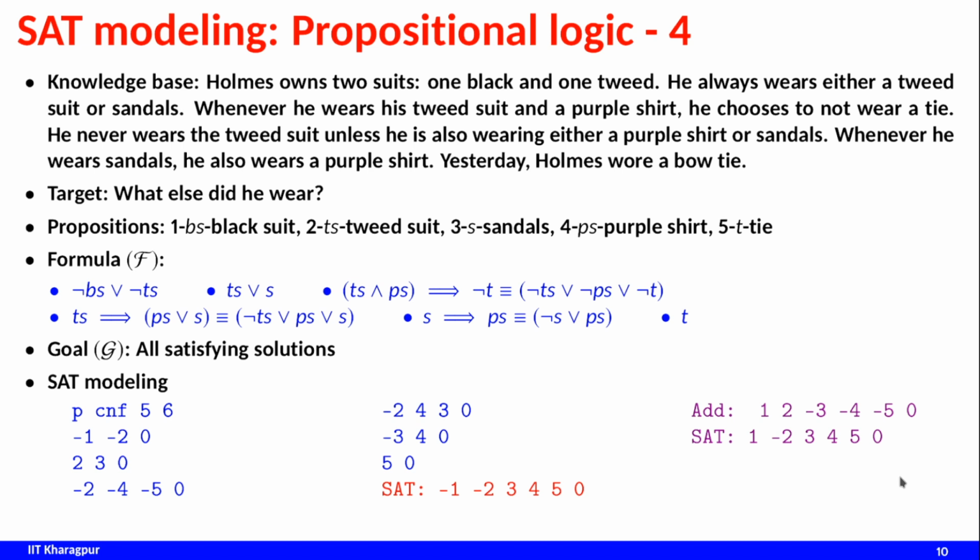So when we have these clauses and these clauses as well, still it is satisfiable. So we get this as a solution. What we need to do now is negate this clause and add it in the negative form in the knowledge base, and then again check for satisfiability. So we add this one, and we run the SAT tool, and now it gives me UNSAT.